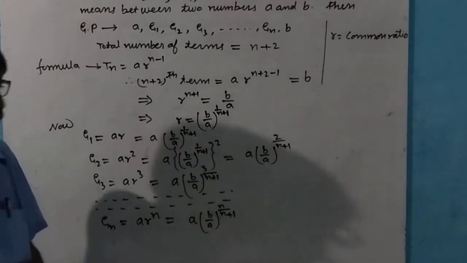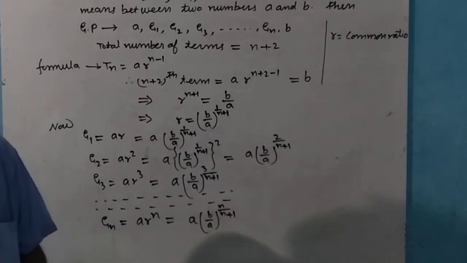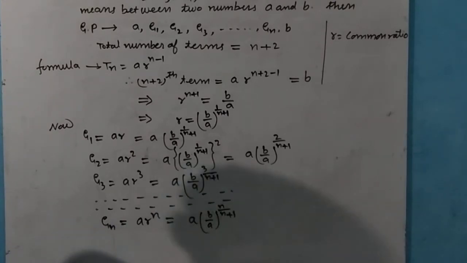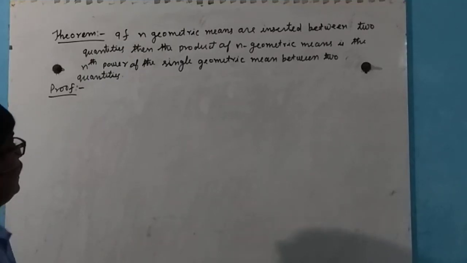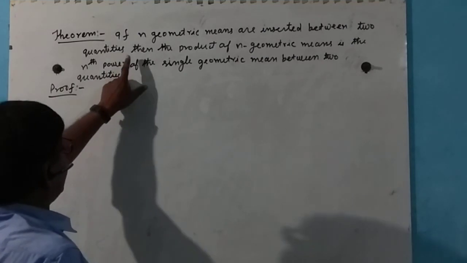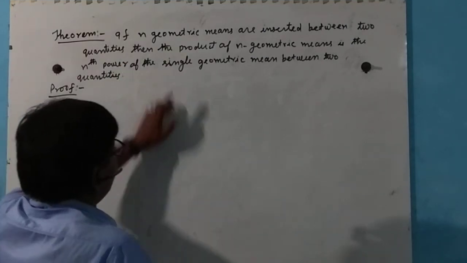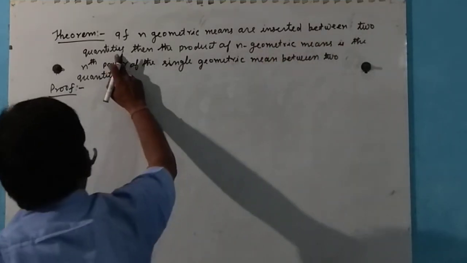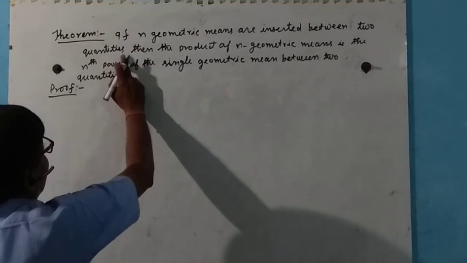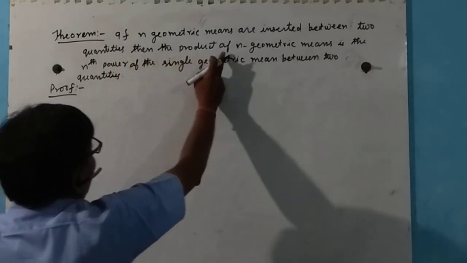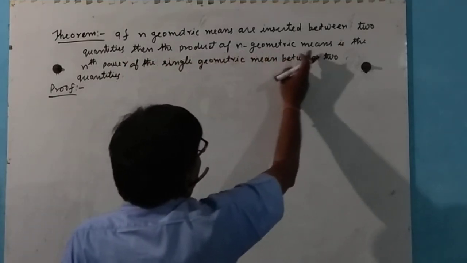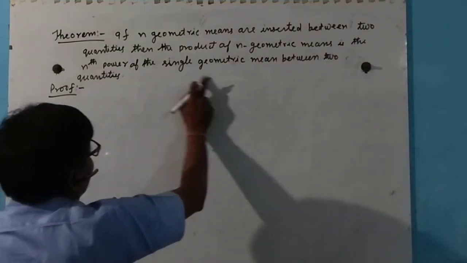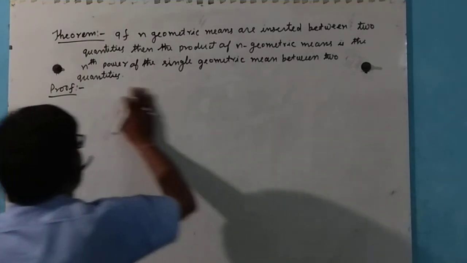Now we take one example. One theorem here: if n geometric means are inserted between two quantities, then the product of the n geometric means is the nth power of the single geometric mean between the two quantities.